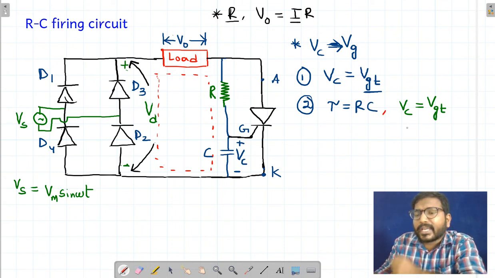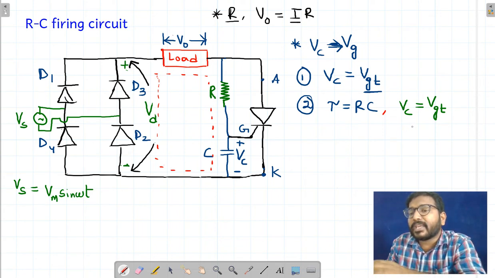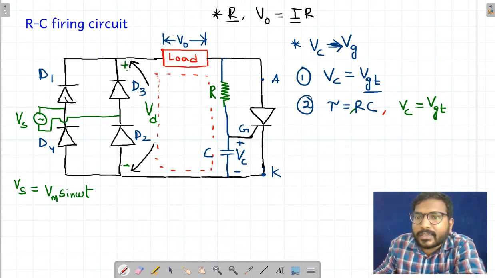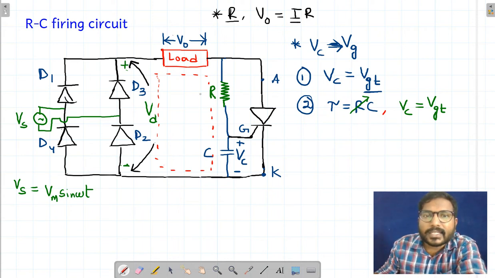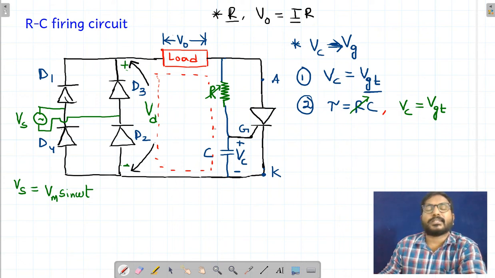To vary the instant where Vc is equal to Vgt. So to vary the charging time, I must vary the value of the resistance. That's why I need to place a variable resistance here.